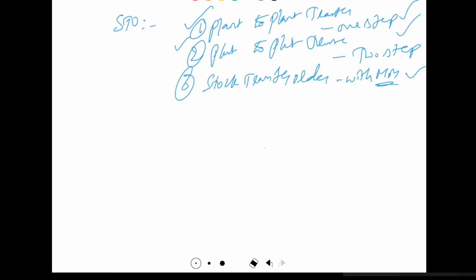Yeah, clear. In this process, what will happen? You will create the STO, the stock transport order, the purchase order. Then goods issue. Who will do the goods issue? From the supply plant, they will issue the goods.